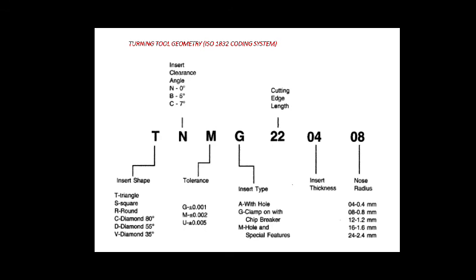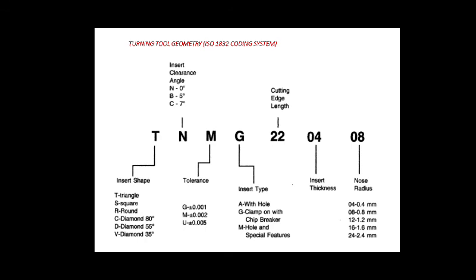Here you can see the insert shape, insert clearance angle. In total, if you observe, 7 alphanumeric codes are there. Let us see one by one.